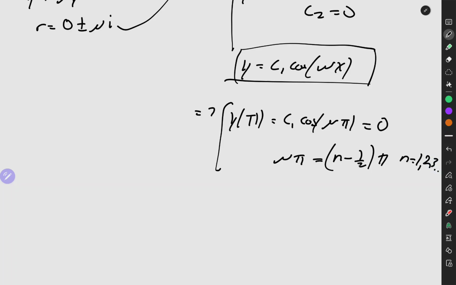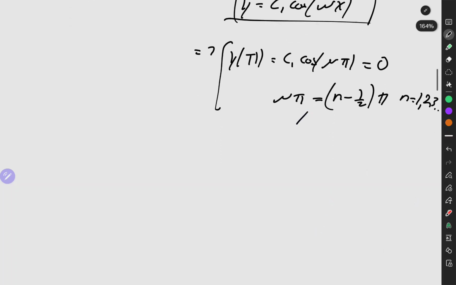Cosine of 1 minus 1/2 pi is cosine of pi over 2, which is 0. Cosine of 2 minus 1/2, 3 halves times pi. Cosine of 3 halves pi is 0. So that works. Cross these out, solve for mu.